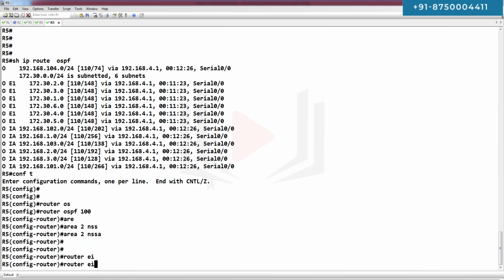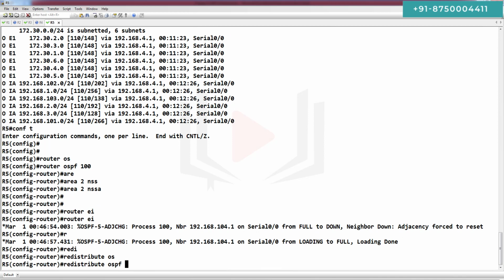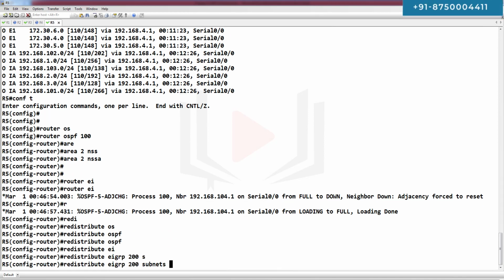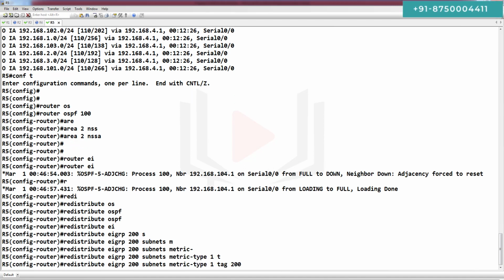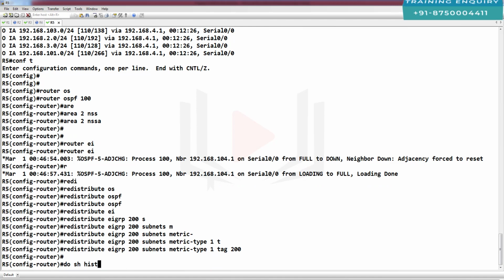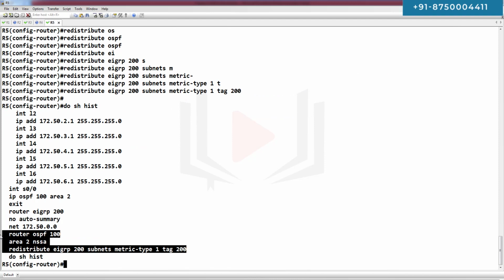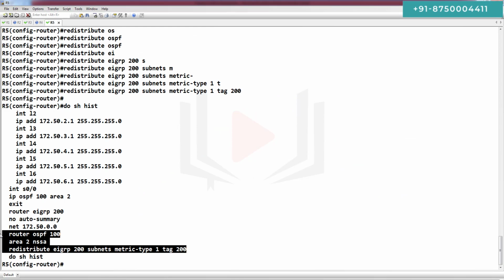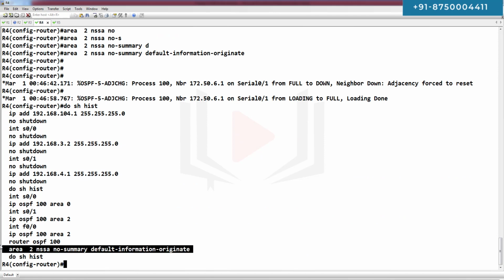Router EIGRP, redistribute OSPF, EIGRP 200 subnets, metric type 1, or you can also tag 200. Do show history. Yes, we have configured area 2 as NSSA. On R4 do show history, it is NSSA.